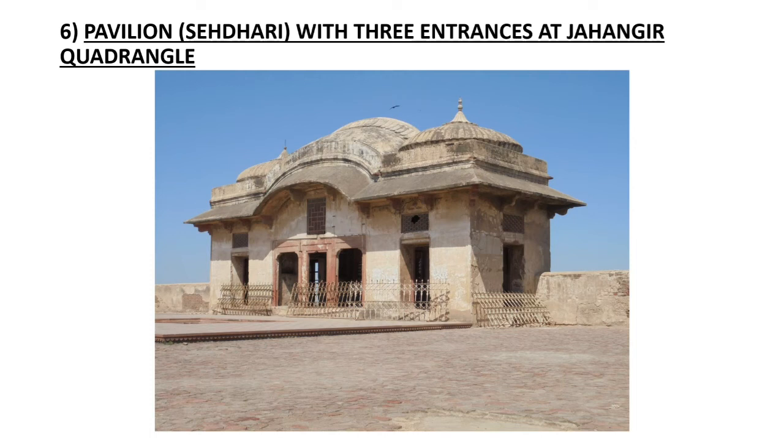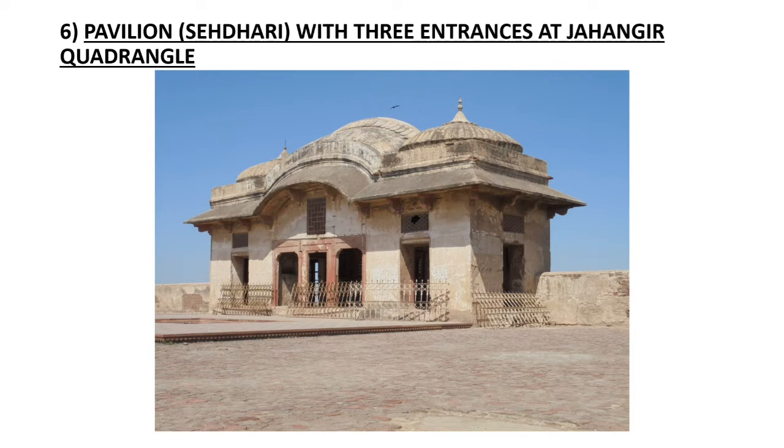Dear students and colleagues, just in front of you is the very beautiful monument known as the Saidari Pavilion, or the pavilion with three entrances. Dear viewers, this very beautiful building is rectangular in shape, and the upper part, particularly the cornice molding, is where the pent or chajja is provided.